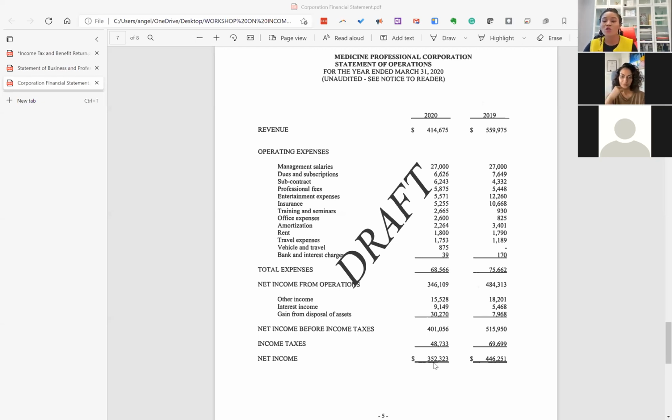Okay, so if it's just for child support, I would say if you go on the Government of Canada website, they have the child support table lookup.